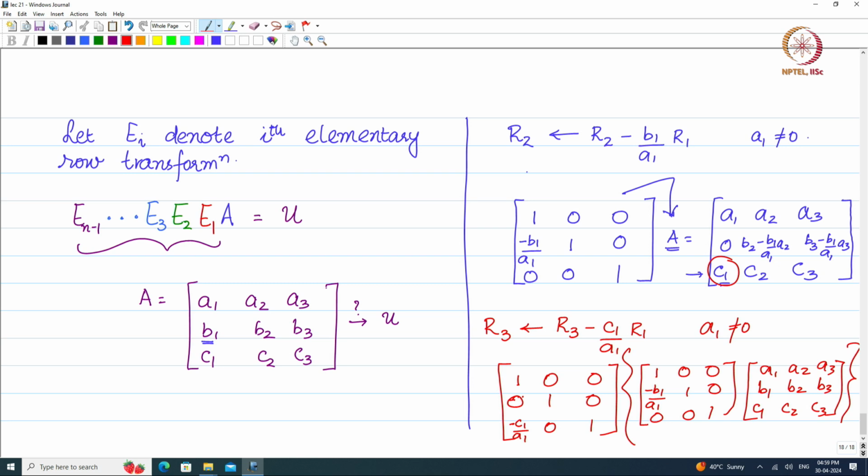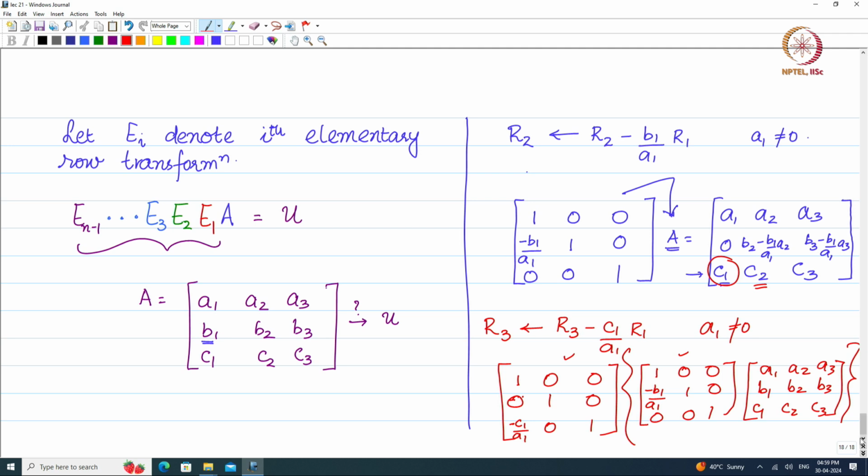Now, if you keep doing this and then try to make this element 0, you actually get into the upper triangular matrix, and when you do that, you would have done 3 elementary row transformations. If you look at the product of these 3 elementary row transformations, you will basically get a lower triangular matrix L. So, what are we going to do here?